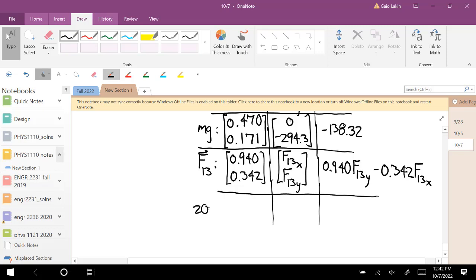The 200 Newton force has the same row vector, 0.940, 0.342. The weight force is 0, negative 200. And so that is negative 188, right? 188.